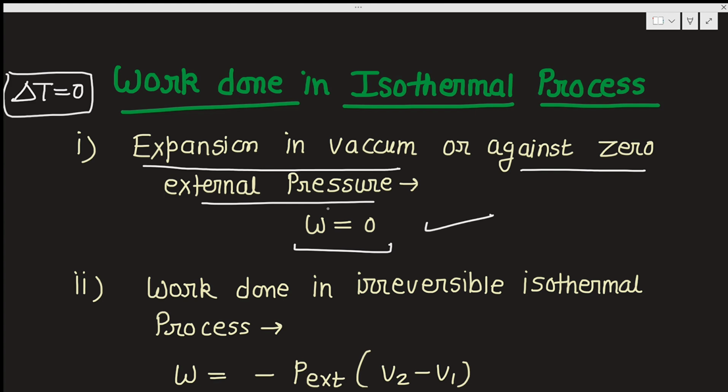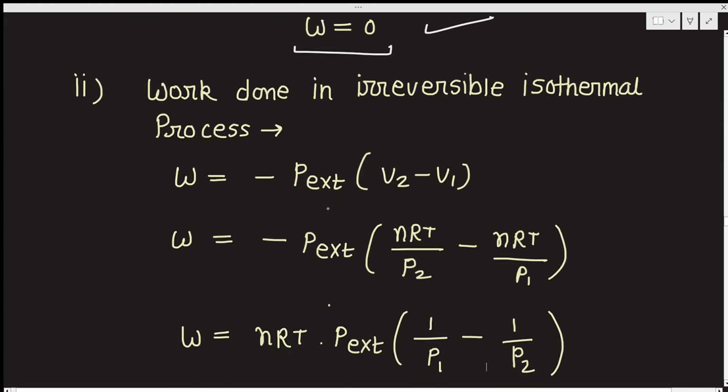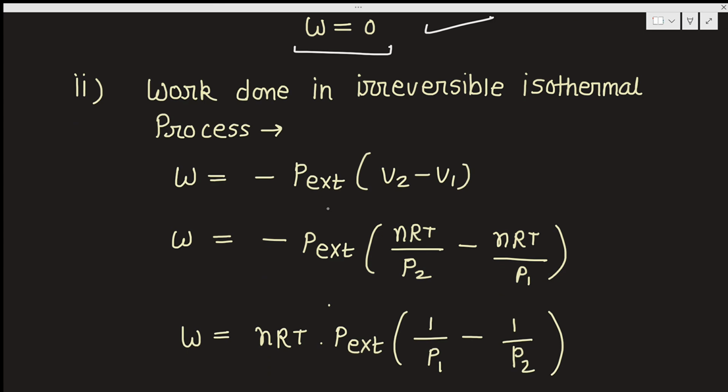Second thing, if you have been given work done in an irreversible isothermal process, it means our process is irreversible and isothermal. In that case, there will be a constant external pressure. So work is given by W is equal to minus P external times (V2 minus V1). Similarly, you can put nRT upon P2 instead of V2, you know PV is equal to nRT.